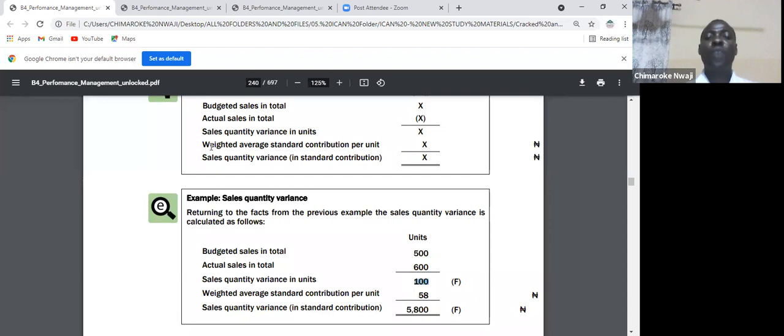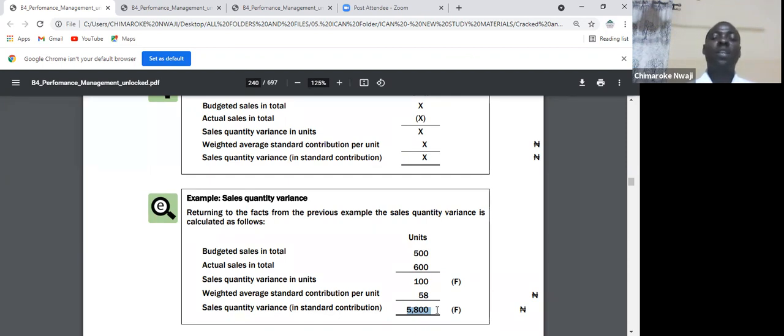Now what is the weighted? Now the weighted is the average standard contribution per unit. We saw in our example it is 58 naira. So that means 58 naira multiplied by 100. It means your sales quantity variance, the standard contribution mix, is 5,800. So that's simple.